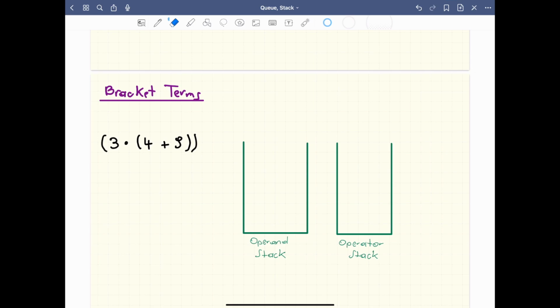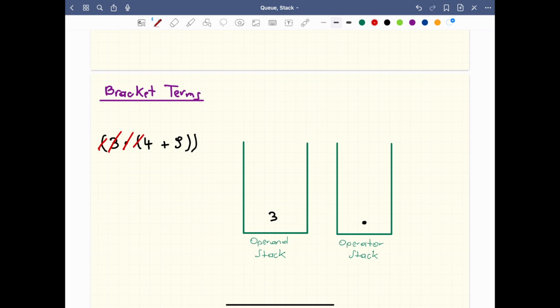So let's take a look at the example and try this in practice. First, what we see is an opening bracket. We can ignore it. Second thing that we see is a number. It's the number 3. So we push the number on the operand stack. Then we have the sign for multiplying something. It's an operator, so let's put it to the operator stack. We have an opening bracket again.